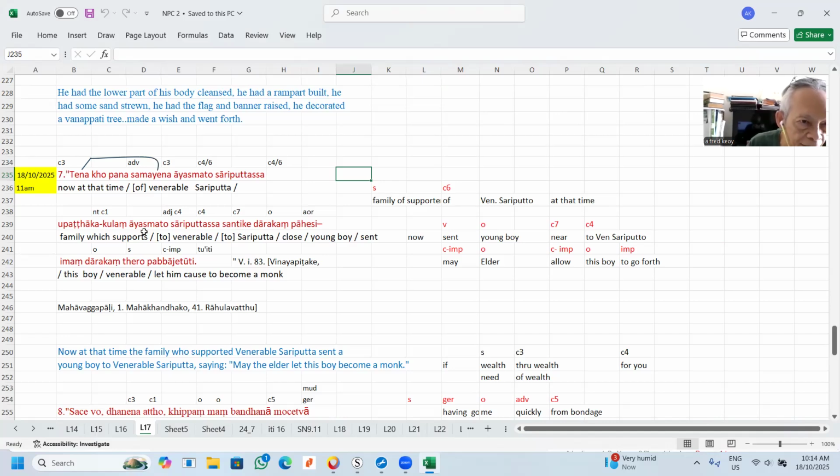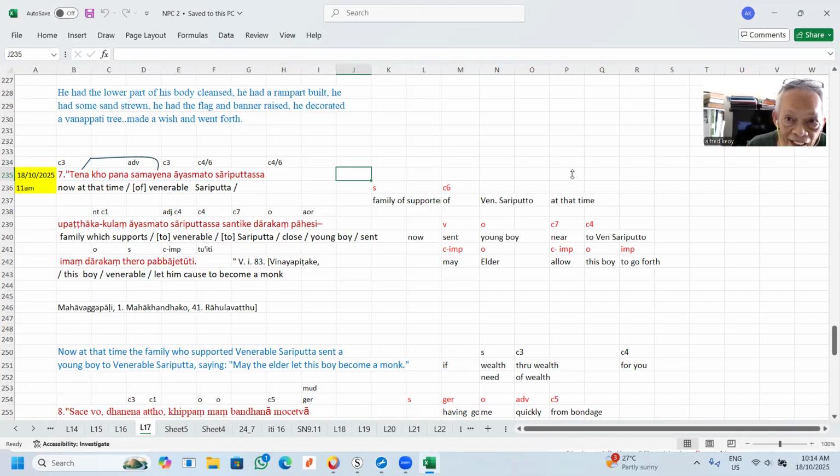Okay, number 7. You see Athena and Samayena. In this case, these two should be one. If you take this and this, no doubt this is instrumental.